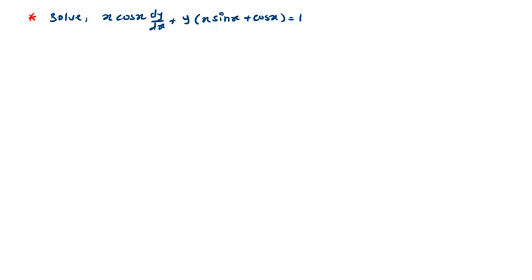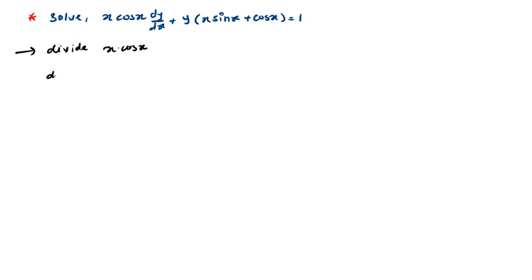Now if you observe this example, this is clearly linear in y. So if we try to convert this to the standard form, we need to divide the whole equation by the coefficient of dy by dx, that is x cos x.